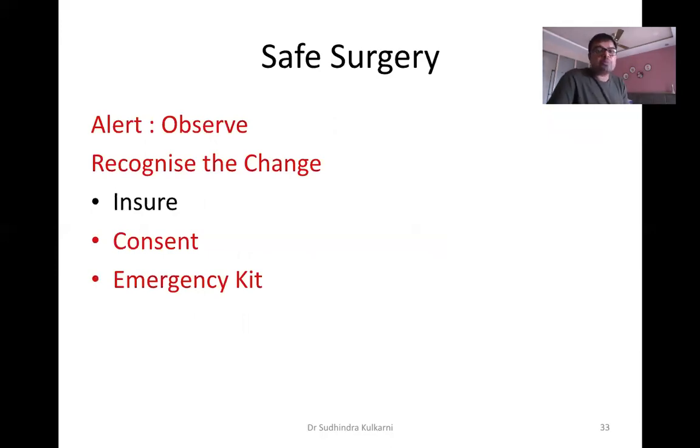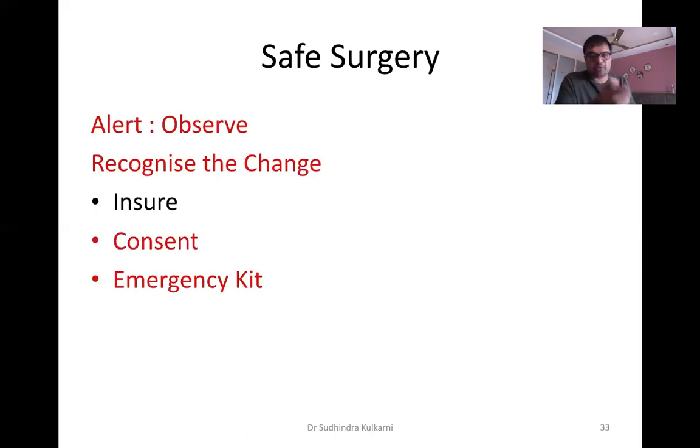Always observe the change. Because we are going to treat patients under local anesthetic, you can speak to the patient and keep checking how they're doing. Ask the patient to raise their left hand, right leg, etc., while you're working, so you'll come to know how well they're responding to the treatment, whether they're comfortable on the chair, and whether they can hear your instructions. If you think there is something not good, always identify the change.